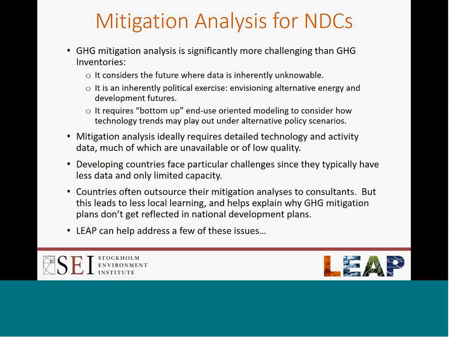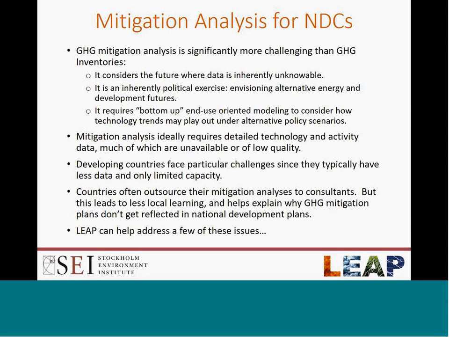It's not good enough just to have the total fuel use multiplied by an emission factor to give you the total emissions in a sector, which is the kind of thing you do in a greenhouse gas inventory. To do mitigation well, you need to start thinking about what the technologies are that produce emissions and how those technologies might change in the future. So you need to know things like what kinds of lighting you have, and what types of vehicles might be on the roads in your country now and in the future.